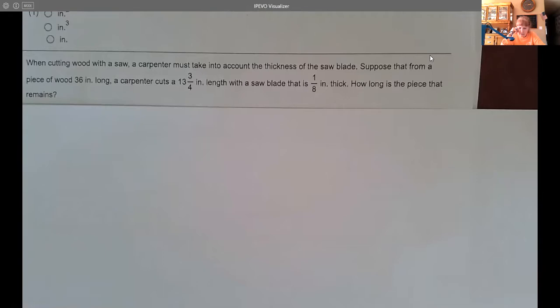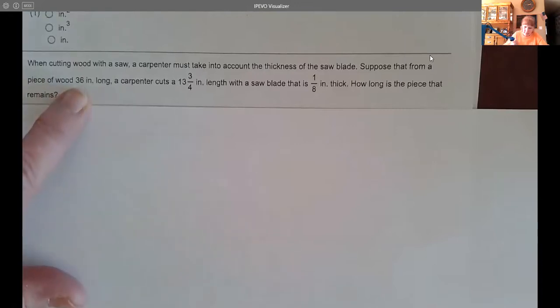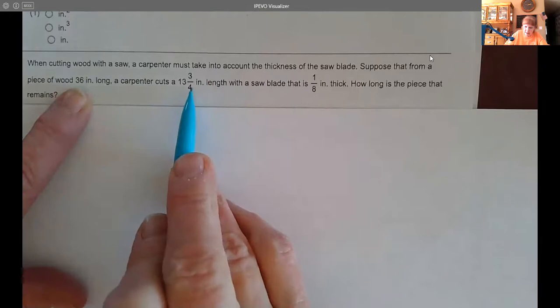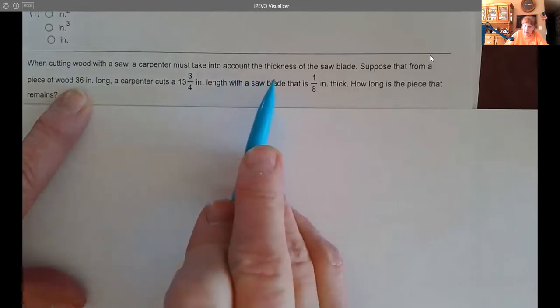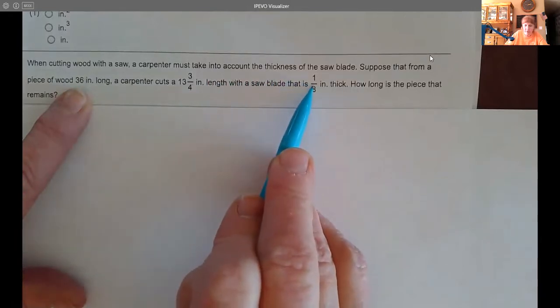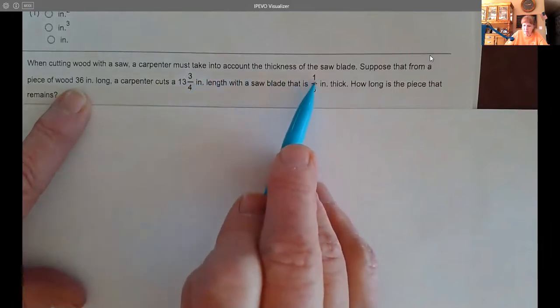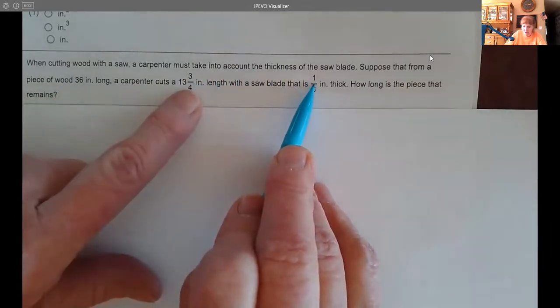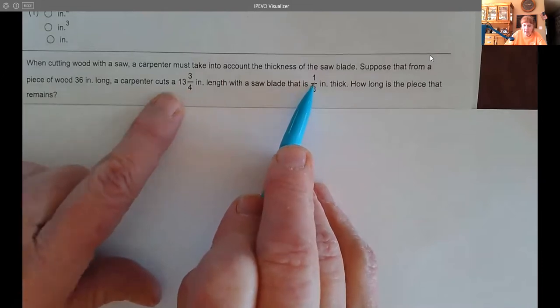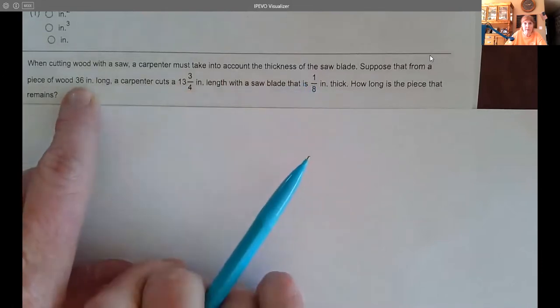How long is the piece that remains? Okay, so we're starting out with 36, and we're going to cut this plus the blade width. So it looks to me as if we're going to have to add what we're going to cut off plus the width of the blade. So this is how much is going to be cut off, and then subtract it from the 36.